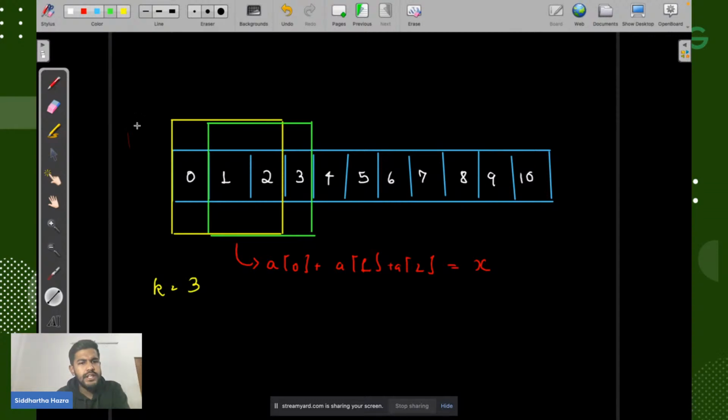The difference was that this value was thrown out and this value was added. So this side value got subtracted and a new value got added, and we again move forward.